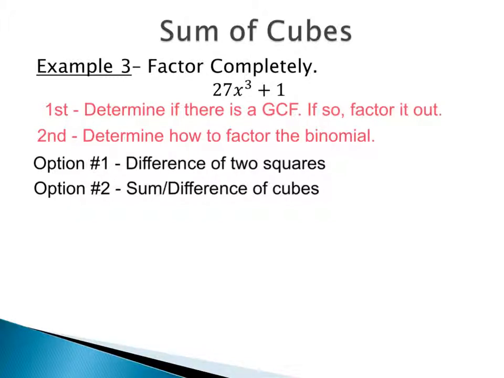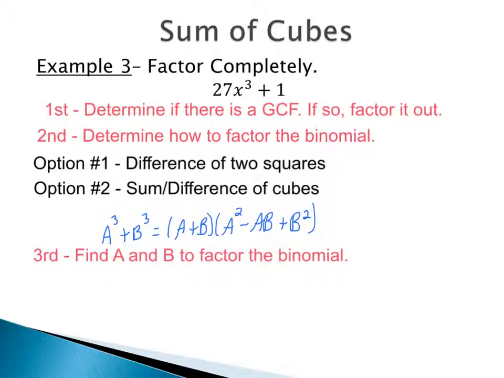So again, if it's that sum of two cubes, it would be of that form a cubed plus b cubed equals a plus b times a squared minus ab plus b squared. So to determine if we do have a sum of two cubes, we need to figure out a and b.